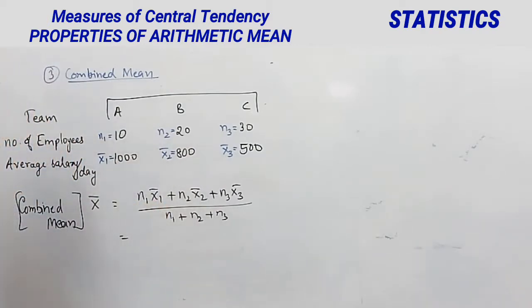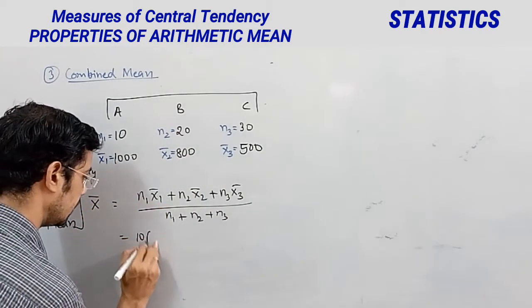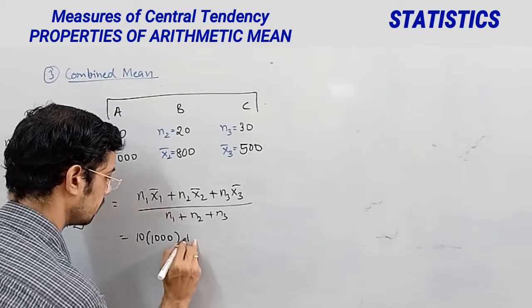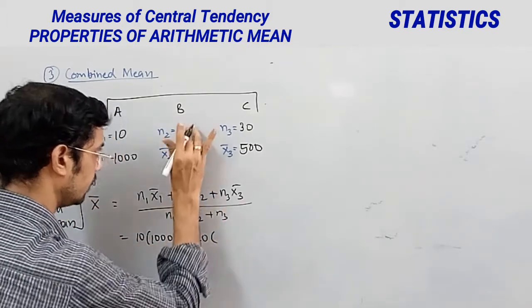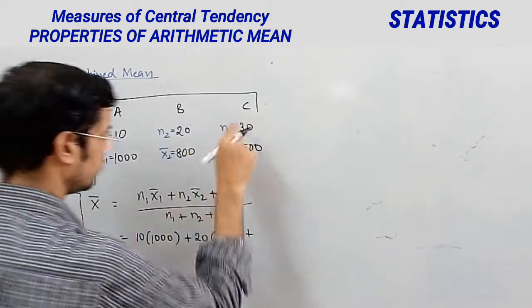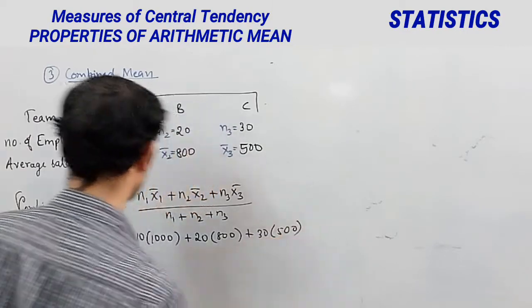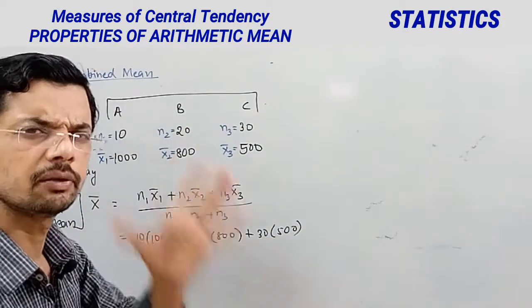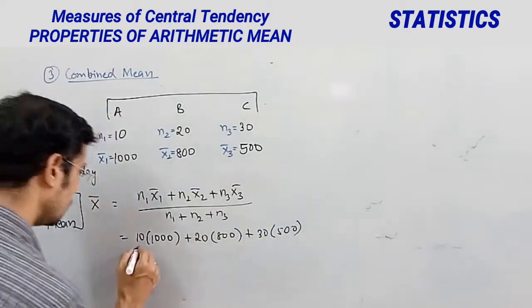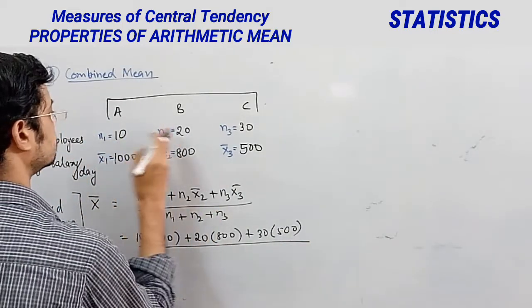Okay, so let us put the values. N1 into X1 bar, so this is 10 into 1000, plus 20 into 800, plus N3, this is 30 into 500. Okay, so this topic is very important from the examination point of view. Now divided by N1 plus N2 plus N3. What is N1 plus N2 plus N3?